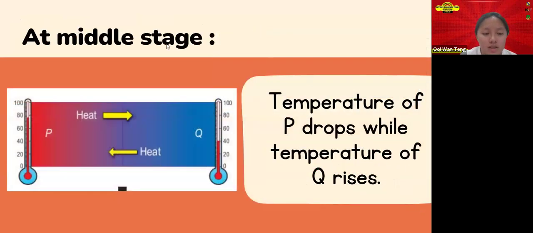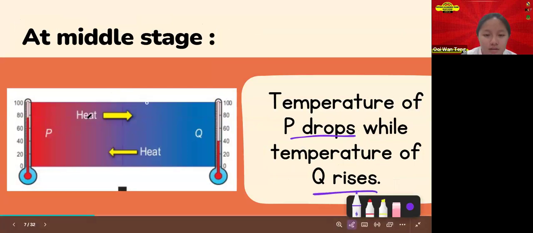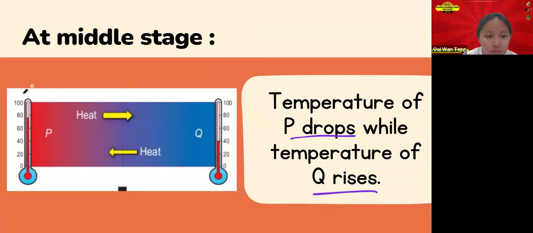At the middle stage, you can see that the temperature of P drops while the temperature of Q rises. Just now the temperature of object P was 100 degrees Celsius, and it has dropped to between 75 and 80 degrees Celsius.